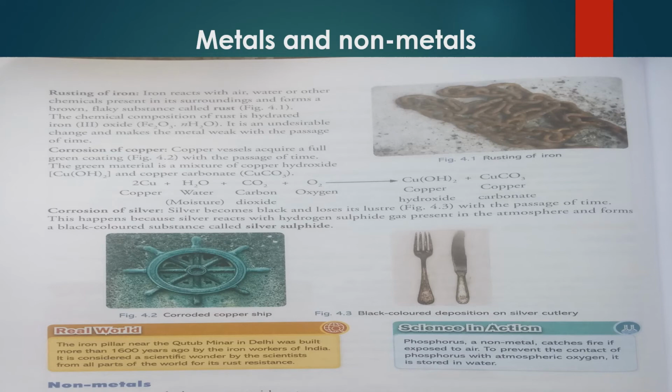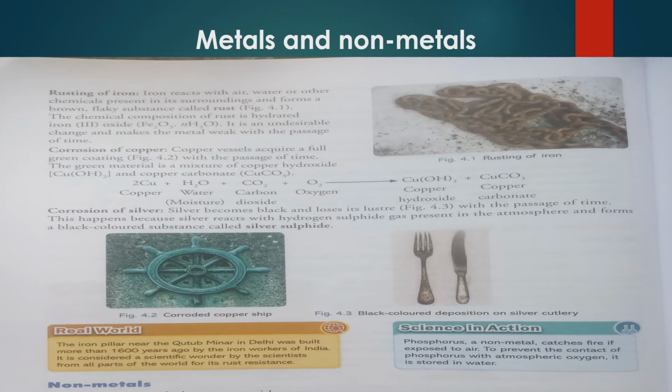This is the enemy that actually attacks the iron, and whenever this iron oxide forms a layer around the iron, it eats the iron. So we can say it is an undesirable change and makes the metal weak with the passage of time.